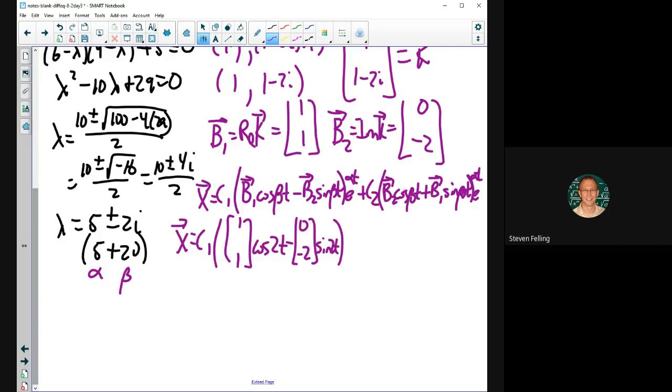All of that times e to the 5t, because alpha was 5. And then I'm going to have plus C2 times the imaginary one, which is 0, negative 2, times the cosine of 2t, plus the real one, 1, 1, times the sine of 2t, also times e to the 5t. And that's it. That's how we're done.